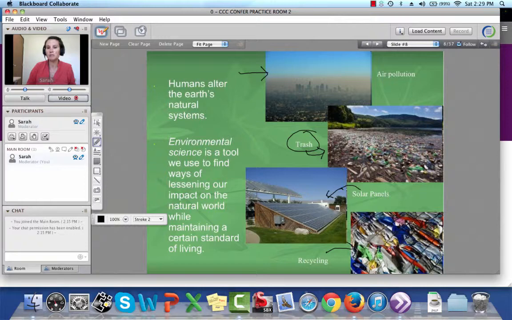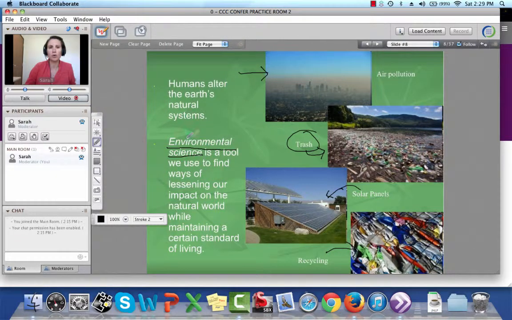We can recycle and reuse things. So we alter Earth's natural systems quite a bit, and we use environmental science as a tool to find ways of lessening our impact on the natural world and maintaining it at a certain healthy standard level. So environmental science is very important.